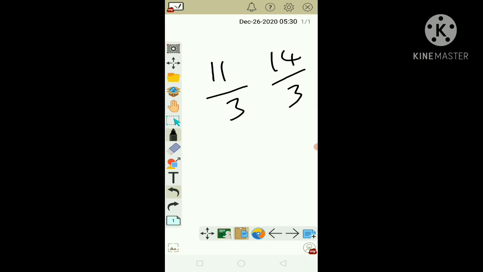So there is a rule: the fraction with the greater numerator is greater for like fractions. In 11 upon 3 and 14 upon 3, which is the greater numerator? 14 is the greater numerator. 11 is the numerator and 3 is the denominator; here 14 is the numerator and 3 is the denominator.